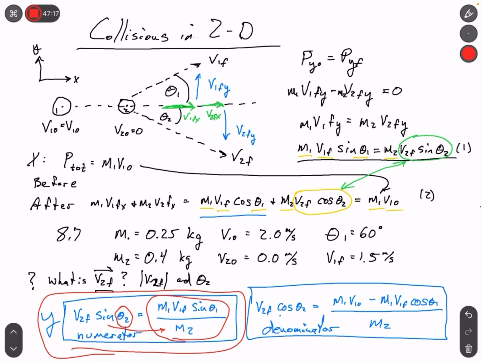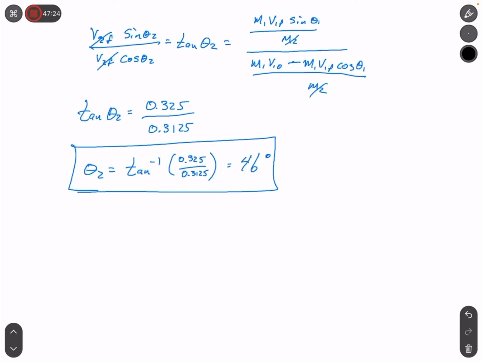If we do that, then I'm going to go back to our page below, and we end up with V2 final is equal to M1 V1 final sine of theta 1 divided by M2, and here I've moved the sine of theta 2 down to the denominator from the other side.